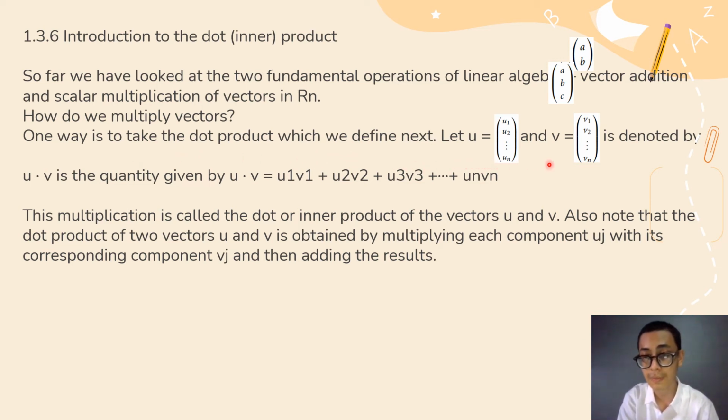The dot product of u and v, denoted by u times v, is the quantity given by this formula. This multiplication is called the dot or inner product of the vectors u and v. Also note that the dot product of the two vectors u and v is obtained by multiplying each component ui with its corresponding component vi and then adding the results.